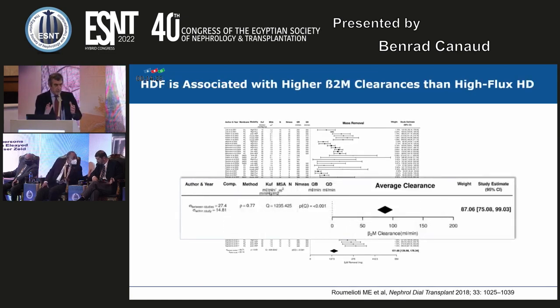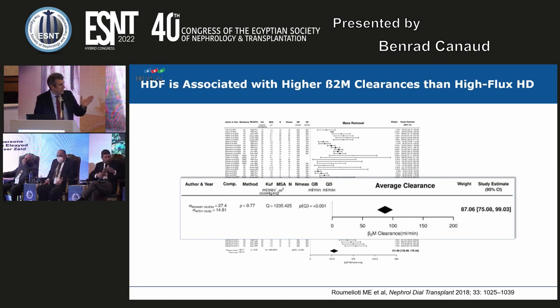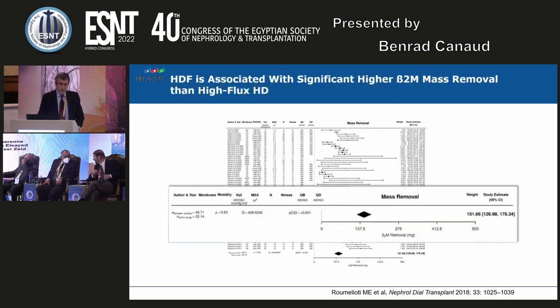Now, if we compare to the hemodiafiltration, and I already showed this slide, if you look at this systematic review of almost 50 studies exploring the beta-2M clearances with the hemodiafiltration versus the high flux, you see that the average clearance for beta-2M in vivo, which is body clearance, is almost 90 ml per minute. 90 ml a minute means that within a hemodiafiltration session, you remove almost 150 milligrams per session.